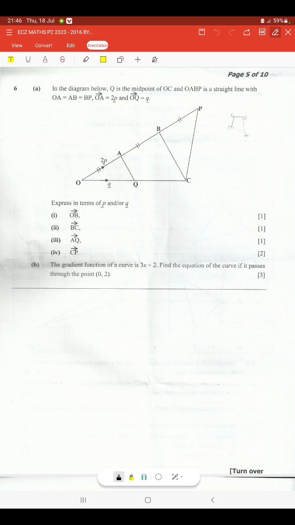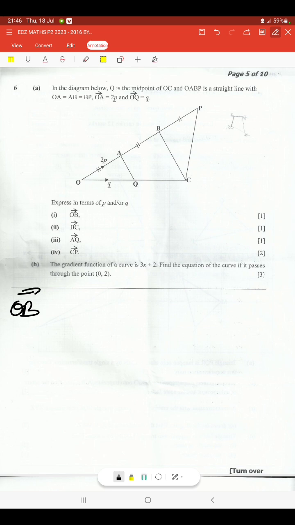Then it says OA is 2P and OQ is vector Q. Express in terms of P and OQ, OB. So they have asked us to find vector OB.